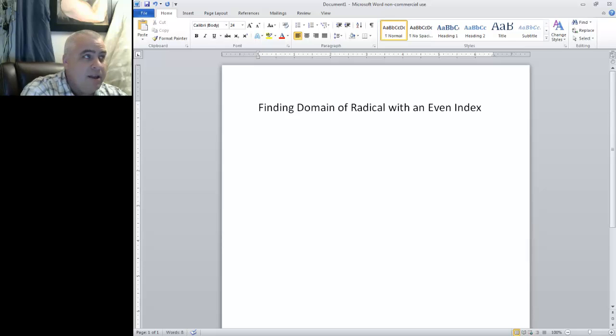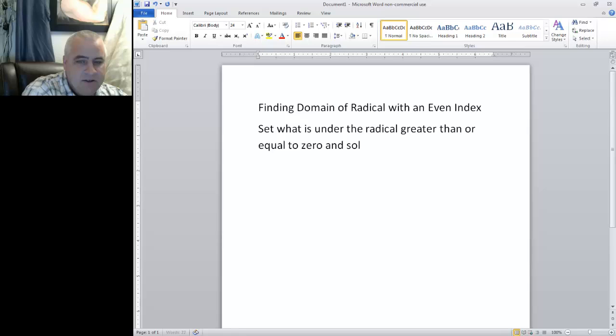This is the harder one. The other one's a lot easier. So to find the domain of that, what we do is we set what is under the radical greater than or equal to 0 and solve.